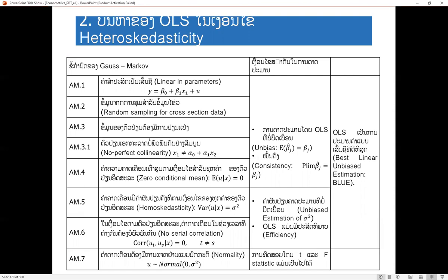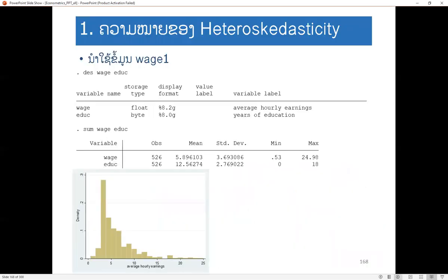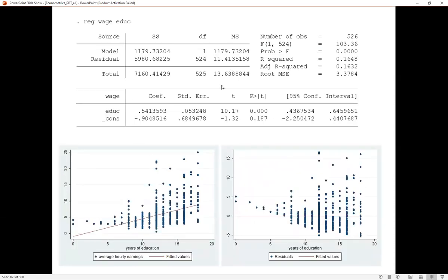Basically, in this example we have the regression of wage on education. As we see, when the number of education years increases, the distribution of wages expands. This means the variance of the residual, or error term, keeps increasing as education increases.